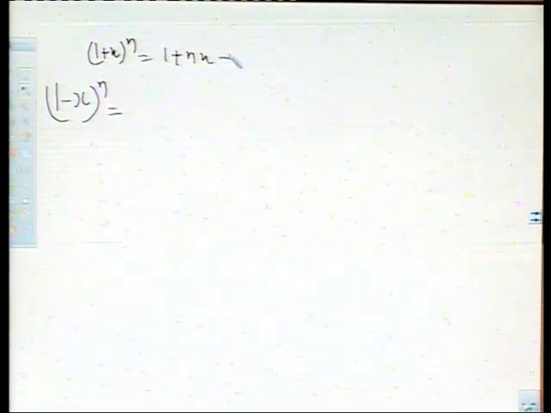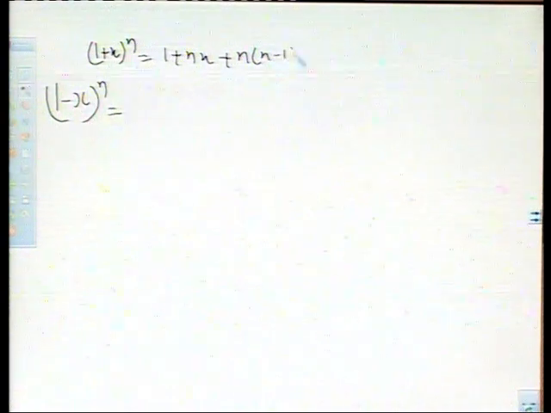Now the next expansion is 1 minus x raised to power n. So we have to write 1 plus x raised to power n, which is 1 plus nx plus n(n minus 1) upon 2 factorial x square and so on.